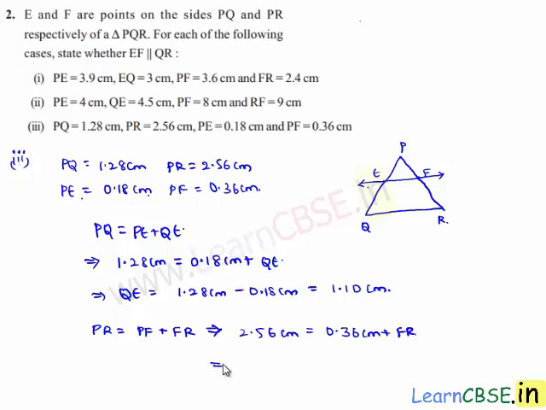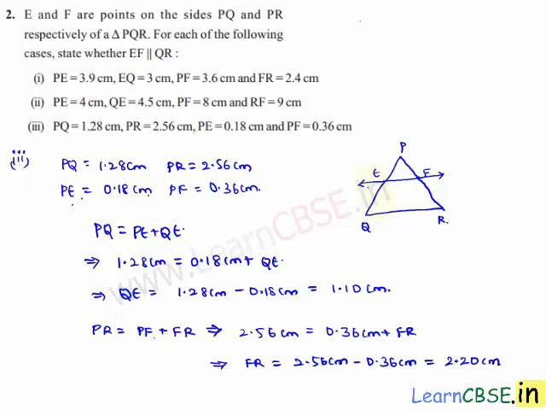That implies, making FR as subject, we get 2.56 centimeters minus 0.36 centimeters, which is nothing but 2.20 centimeters. Finally, we got the terms in PE, QE, PF and FR.